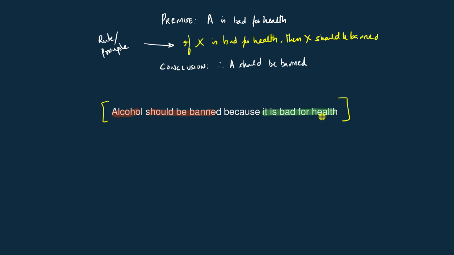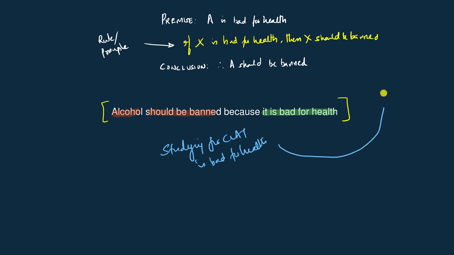But if you accept this rule, and let's say I give another situation, maybe let's say studying for CLAT is bad for health. And let's apply the same rule here. So what will you say? Oh, studying for CLAT should be banned, ladies and gentlemen. Yeah.